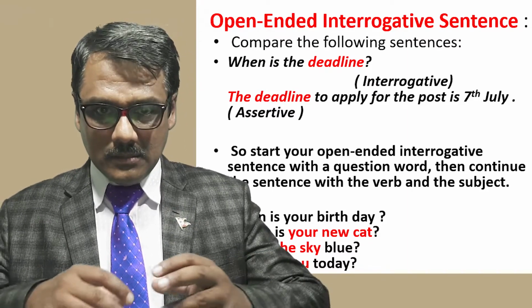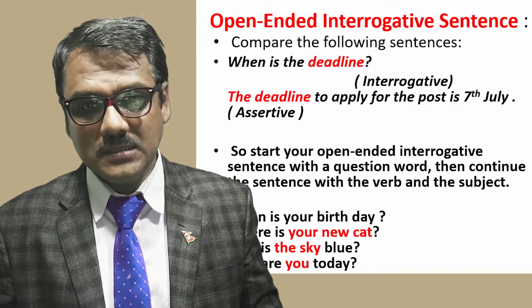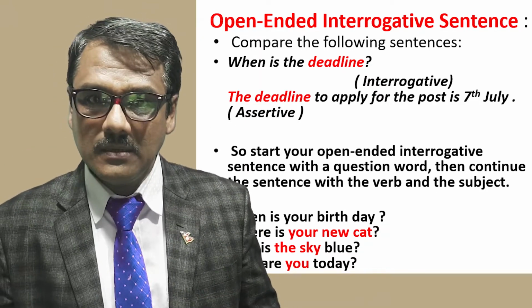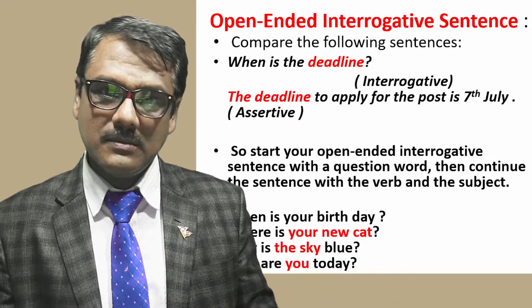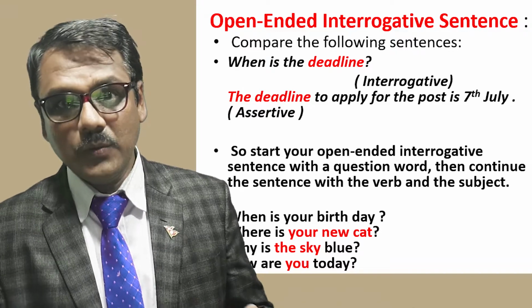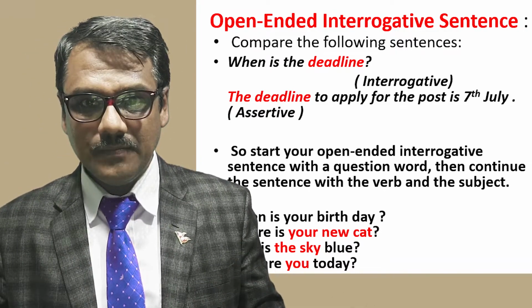Open-ended interrogatives are also called WH questions. Where do you live? That requires certain information. Which class do you read in? That requires certain information, isn't it? And who is your English teacher? That requires certain information, right?